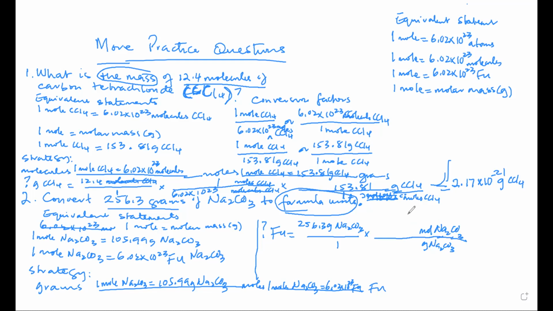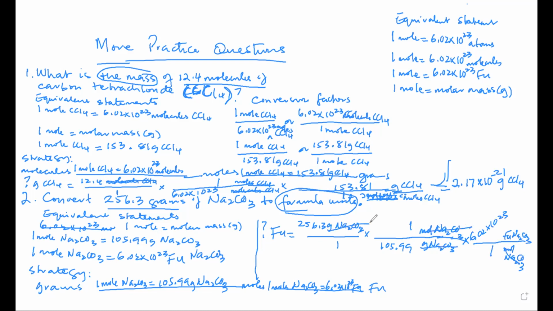So we look here, mole on top, then we have 105.99 grams times mole of sodium carbonate, no space. Then we are going to formula units of sodium carbonate. So the formula unit will be 6.02 times 10 to 23, then 1 mole. This will cross out, this will cross out.